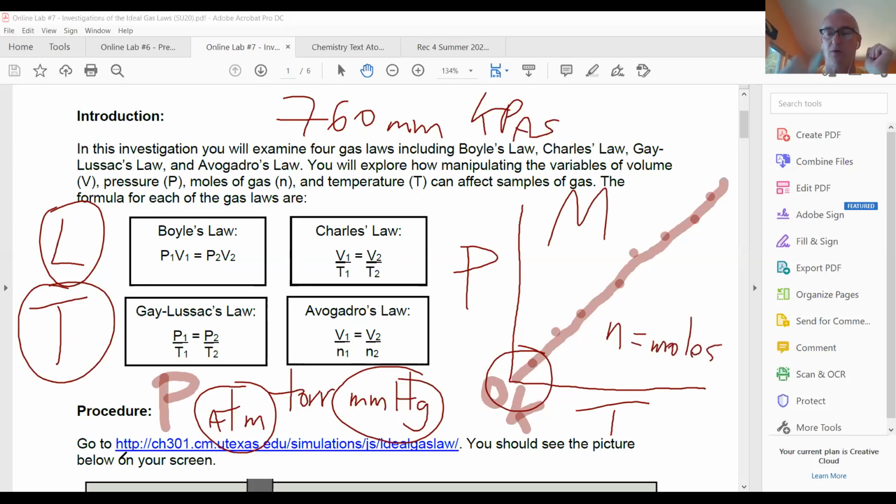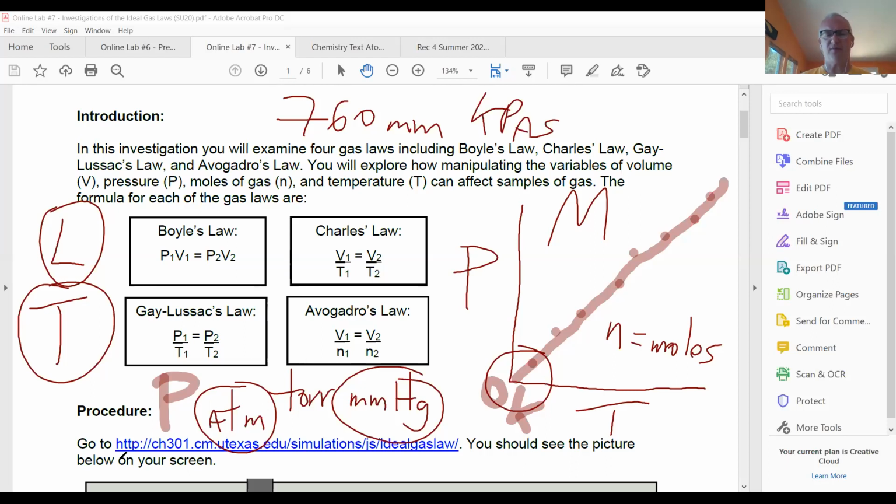Small n is always moles. In the next experiment I think we do, we're going to determine what measurement can bring all these things together. But for right now, we're going to try and figure out what the relationships are between each of them. Any questions so far on how we're going to measure gases?